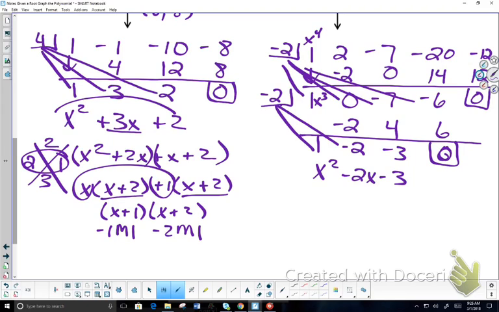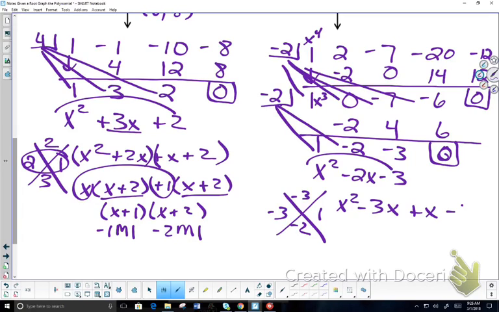From this, we can once again factor. I get 1 times -3 goes on top, and -2 on the bottom. We're looking for two numbers that multiply to give us -3 and combine to give us -2. So we could go with -3 and 1. So I've got x squared minus 3x plus x minus 3.